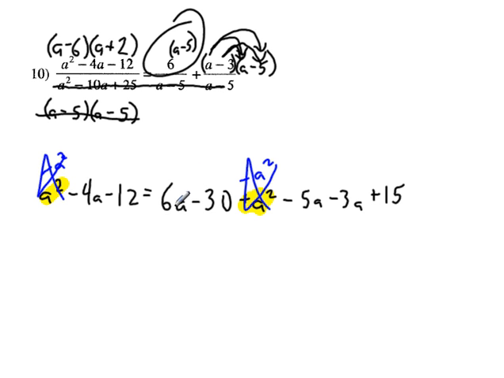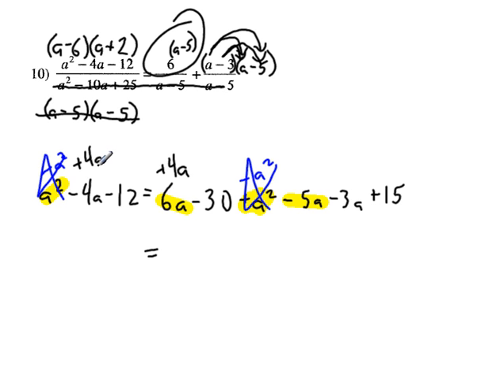We're going to have 6a, let's see, I don't want to do this. I've got 6a minus 5a, which would just leave me with a on the right side. So what I'm going to do is add 4a to both sides. Now here's why I did that.